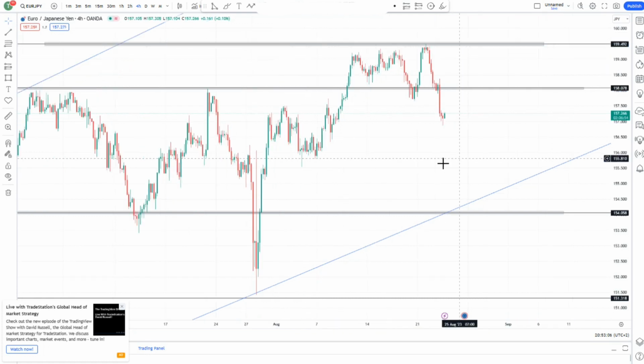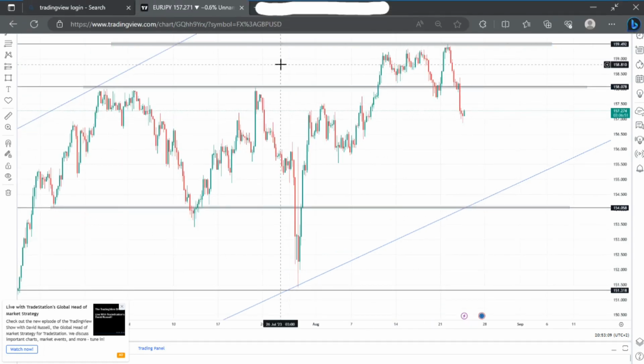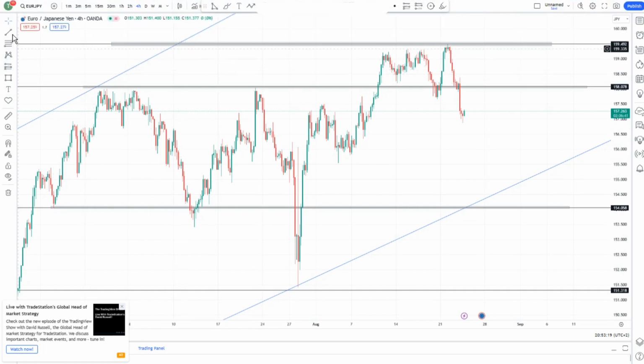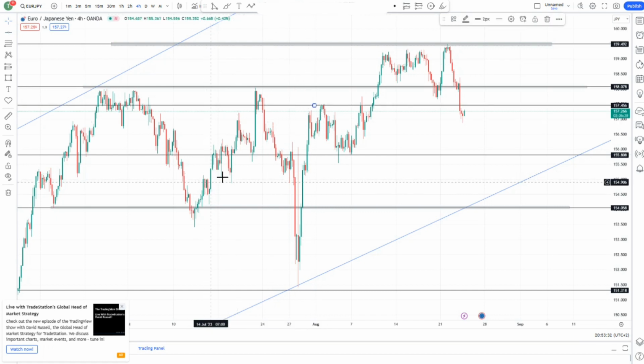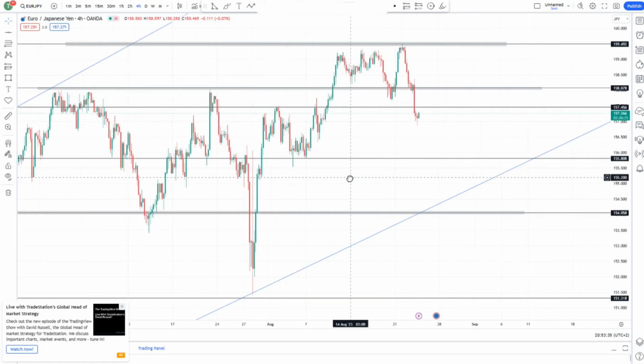I think this one's good. Now I'm going to look for more key levels on the 4-hour time frame. For my key levels, I spot one right here. Nice key level, I think it's a good one too.